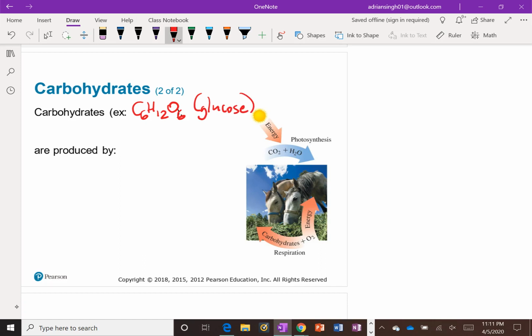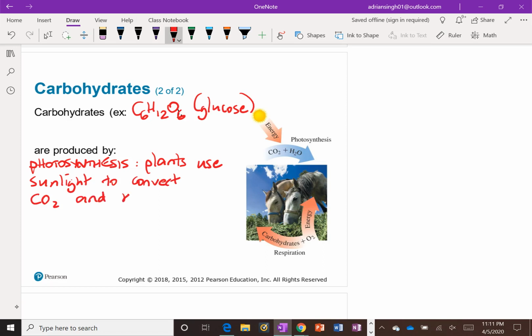These are typically made by a process called photosynthesis. And this is a process whereby plants use sunlight to convert carbon dioxide and water vapor to produce sugars, and the other product that they make is oxygen, right?